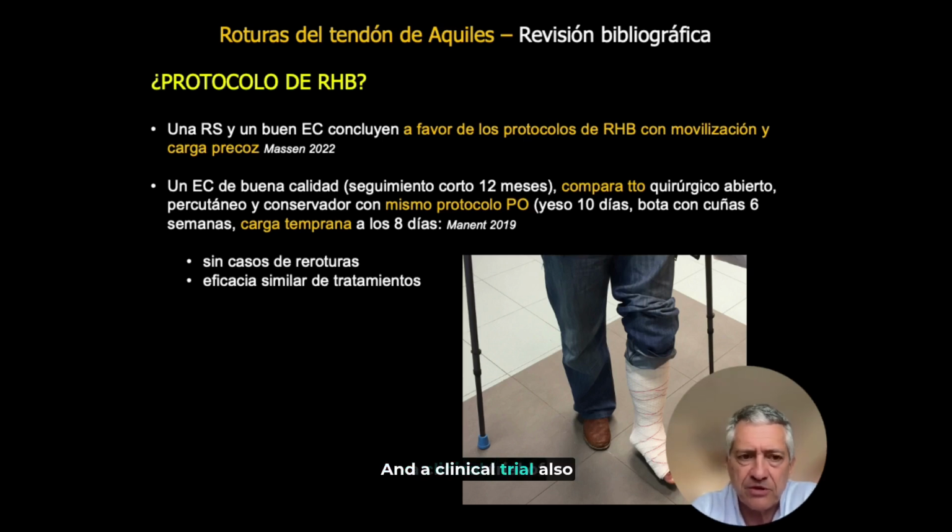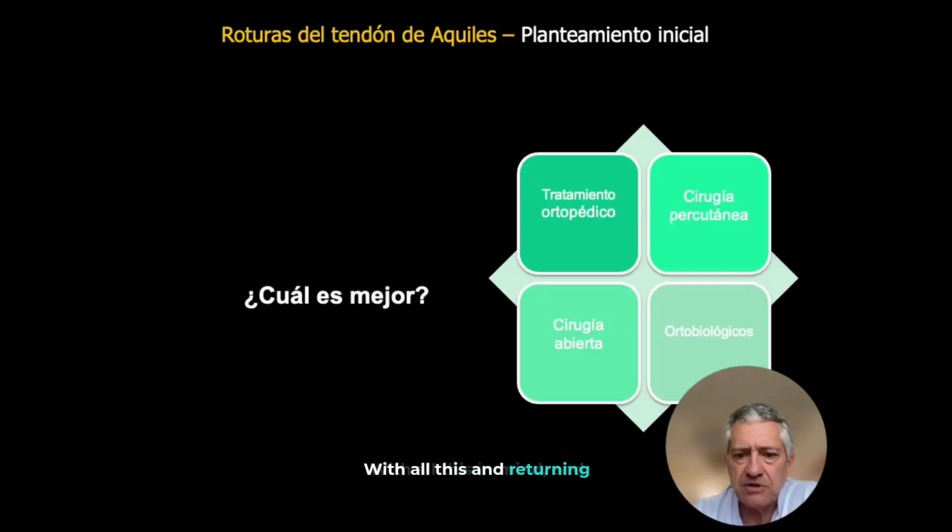And a clinical trial, also of good quality, comparing open surgical, percutaneous and conservative treatment with the same postoperative protocol of plaster for 10 days, with a boot with wedges for 6 weeks and early loading at 8 days, did not differentiate re-ruptures because they did not find any, and with similar treatment efficacy, which advocates for treatment with relatively early rehabilitation.